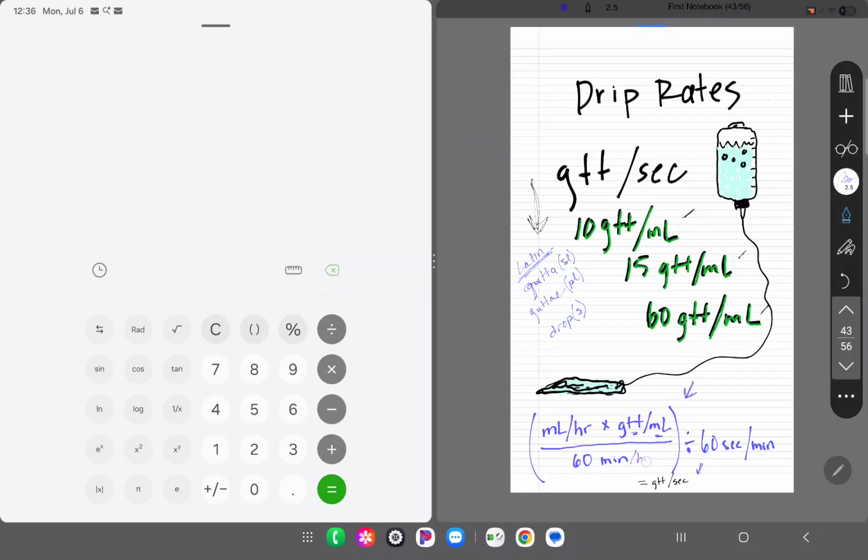Great question, because when you're doing algebra, everything has to somehow cross out. So if we have hour here and hour here, those will cross out. Minutes will cross out, mils will cross out, and you're left with the drips per second, which is what you're looking for. So when you are studying this equation, make sure you're memorizing it correctly.